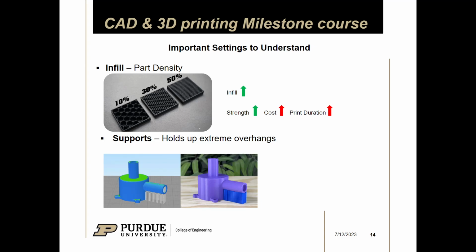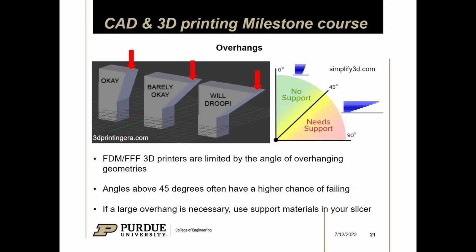So let's say if you have a 30-degree angle, supports will be your friend. But because you're the ones designing your parts, you can choose that angle. So when you're modeling, it's good to keep in mind the print orientation and the angles, right?